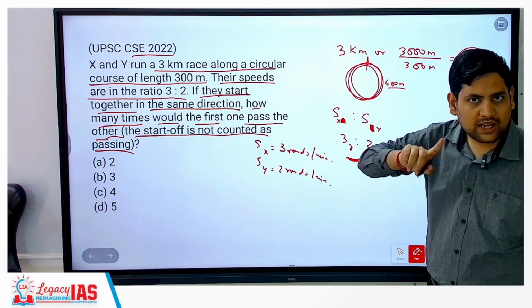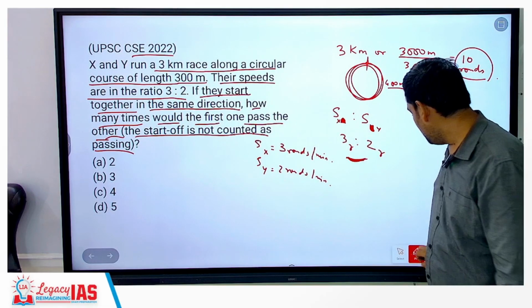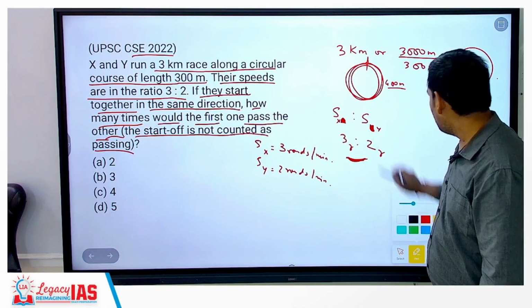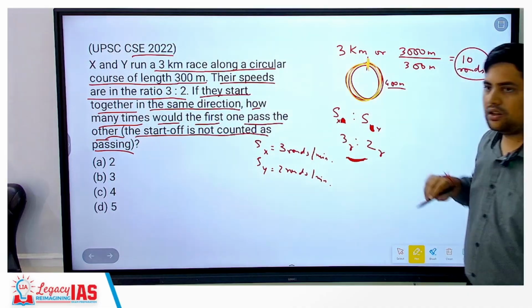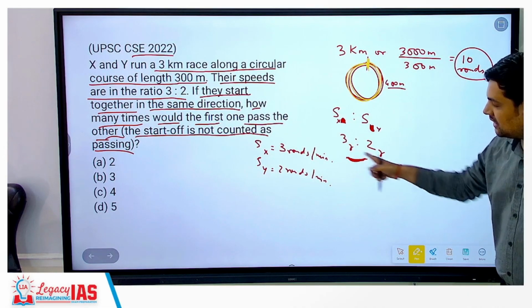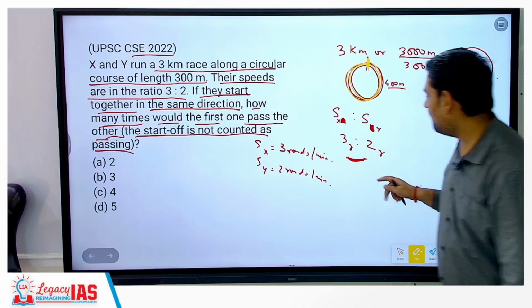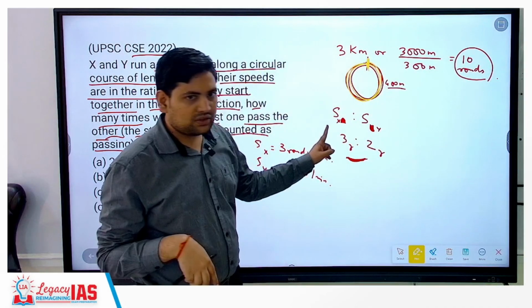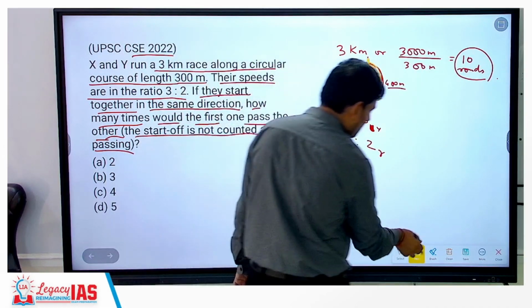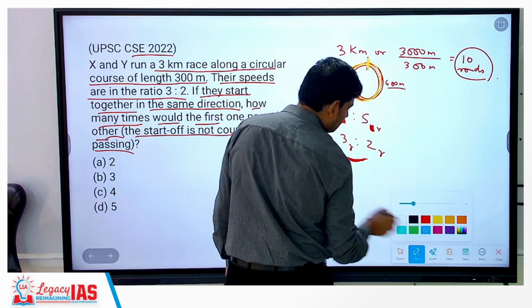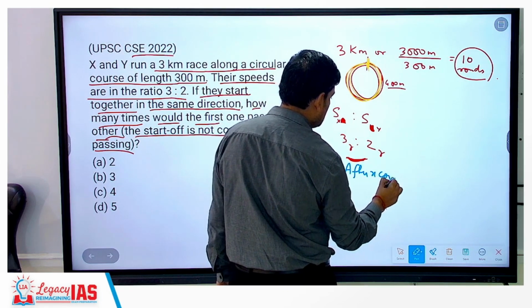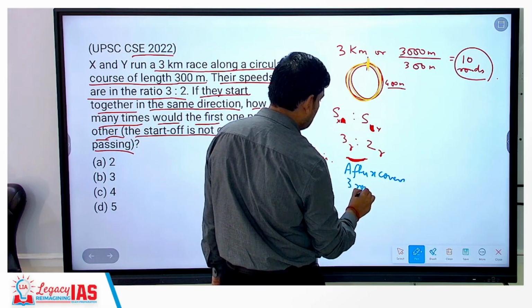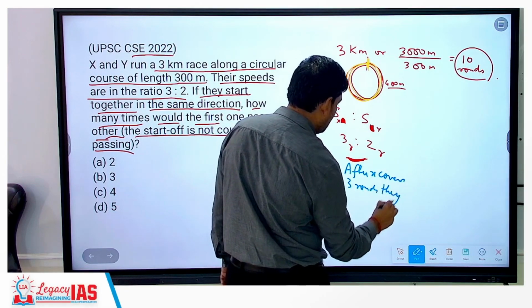In the same time, Y will cover 2 rounds, so Y will go 1 and 2. So they will meet here. Correct? So that is the time when they meet. After X covers 3 rounds, they meet once. That means after X covers 3 rounds they cross.